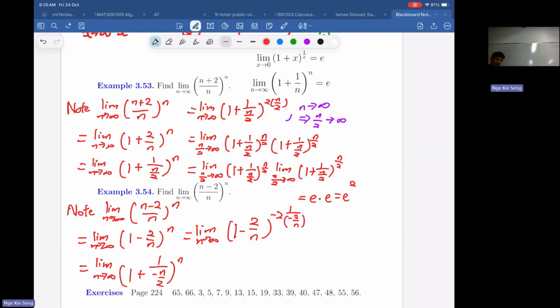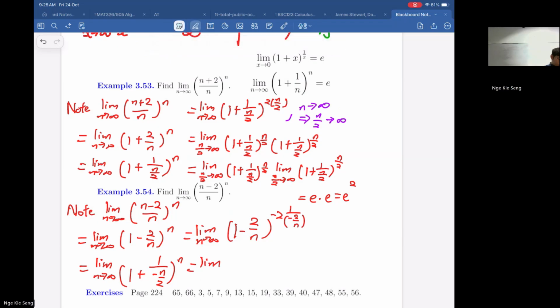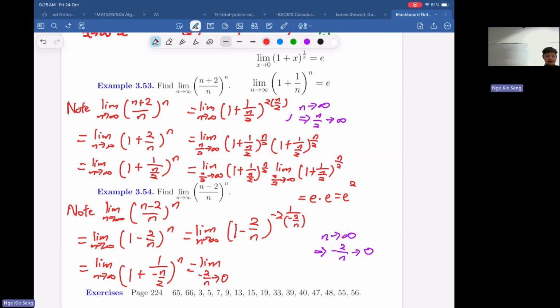Okay. So from here, again, we can write it as negative 2. Also realize that n going to infinity implies that negative 2 over n goes to 0. So we can change the way we take the limit. And then we have 2 of this thing here, 1 over n.